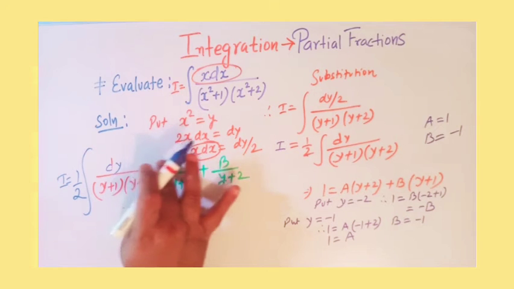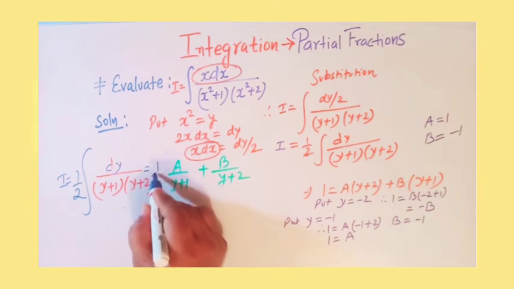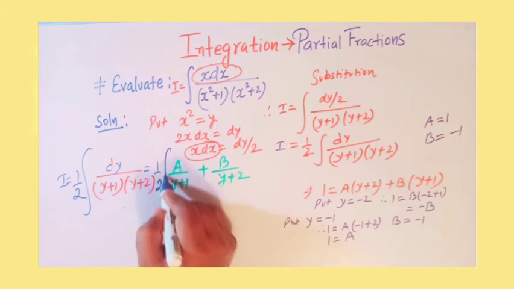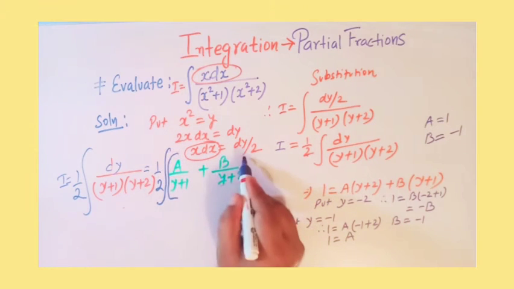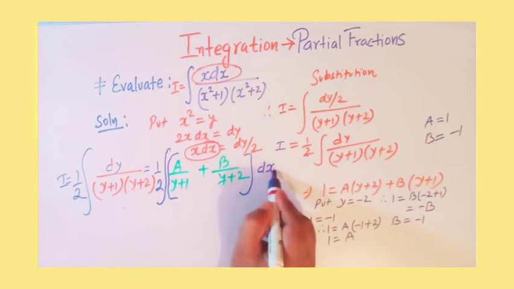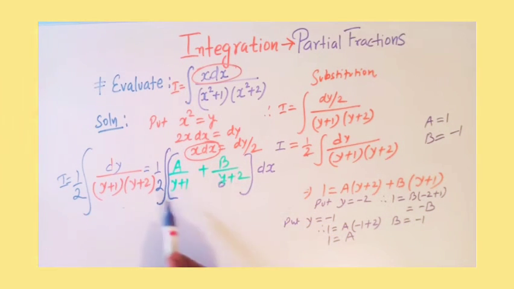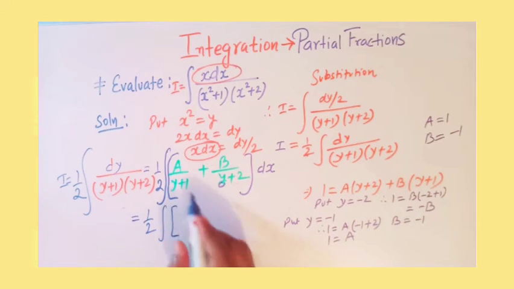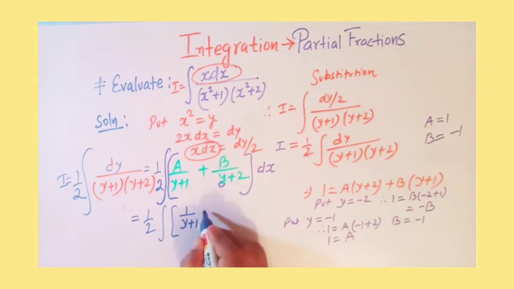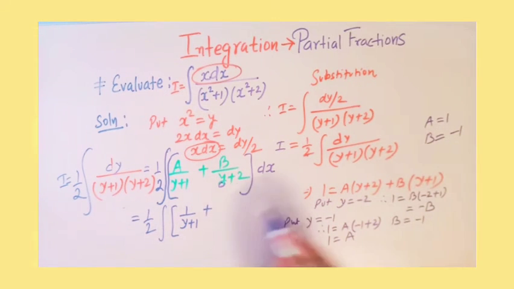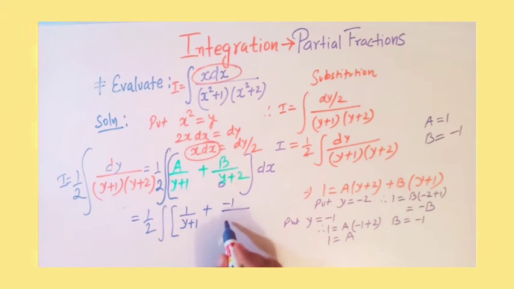So we have half and the integral of this term. So this is half, and we have the integral, the value of a is 1, so 1 over y plus 1, and the value of b is minus 1, so minus 1 over y plus 2 dy, right?